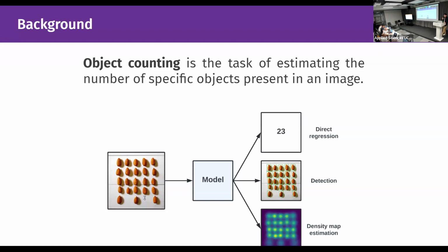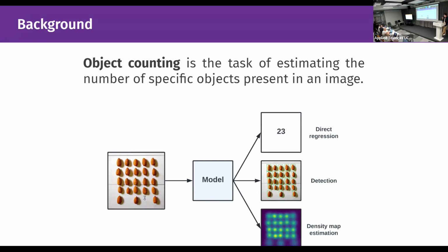And there are several ways we can do this. The most straightforward one is directly predicting the object count, but this approach only works if the number of objects is quite small. The second approach is by detection, where the object count is just the number of detected instances.